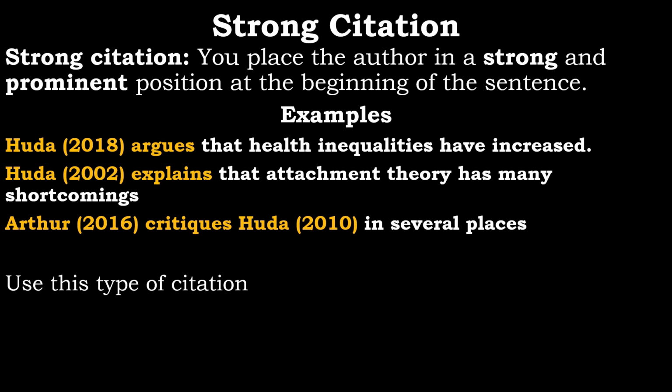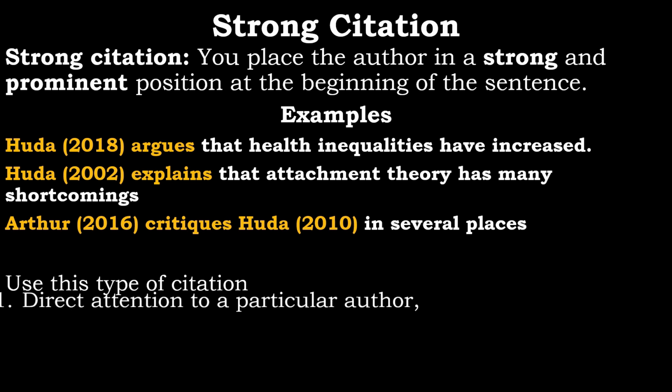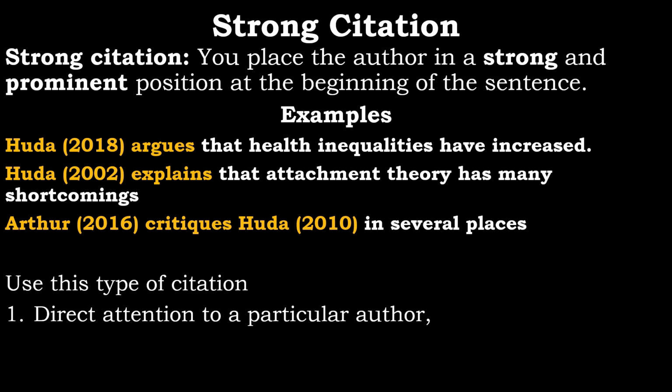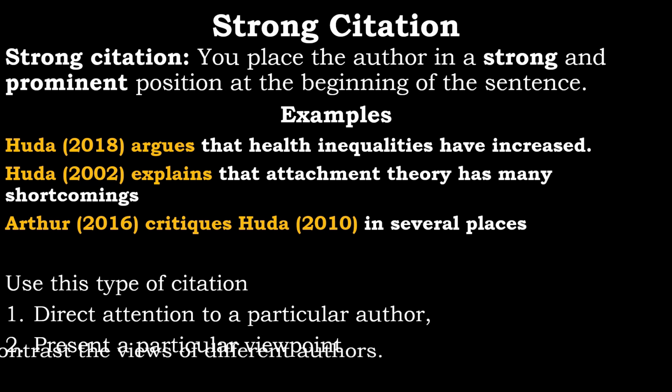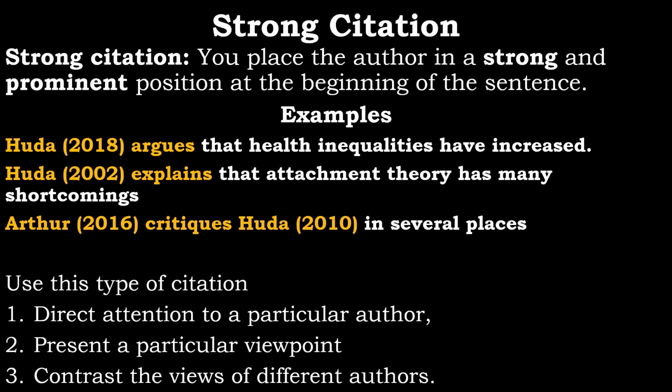This type of citation is used for directing attention to a particular author, presenting a unique, a specific, a particular viewpoint. This is used to contrast the views of different authors. Strong citations are generally used in critical analysis or to show a range of arguments.